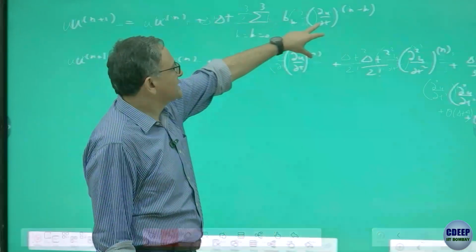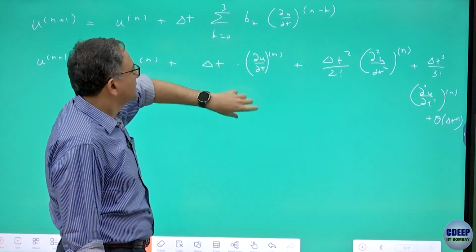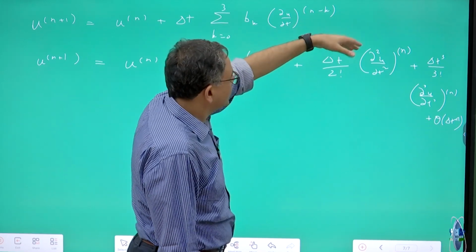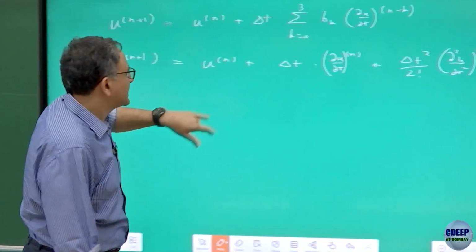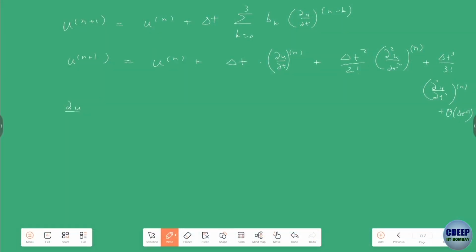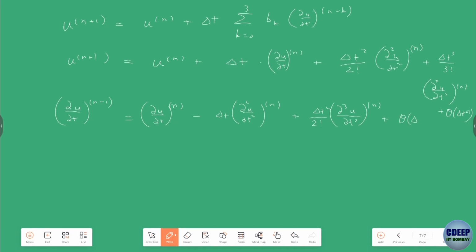You would also want to expand the del u del t at earlier times in terms of the del u del t at the current time. So you will write del u del t at n minus 1 is del u del t at n minus delta t del 2u del t2 at n plus delta t square by 2 factorial del 3u del t3 at n plus order delta t cube.